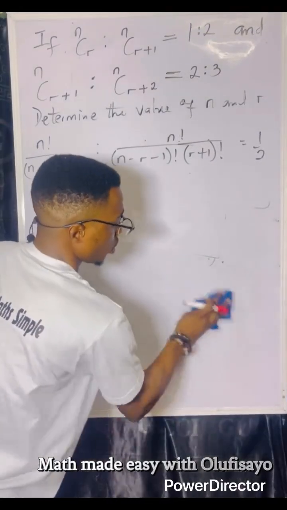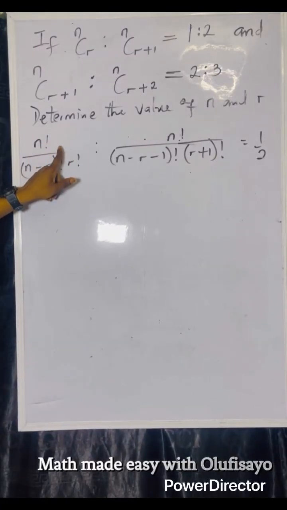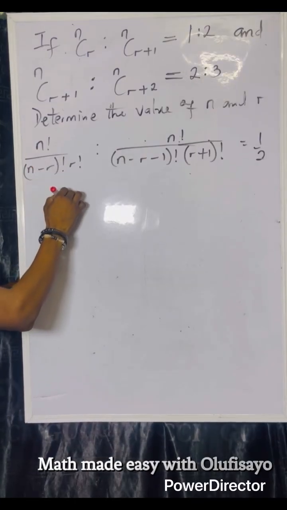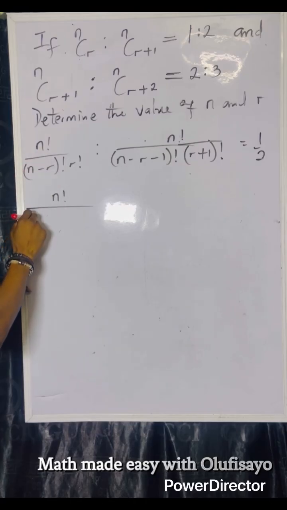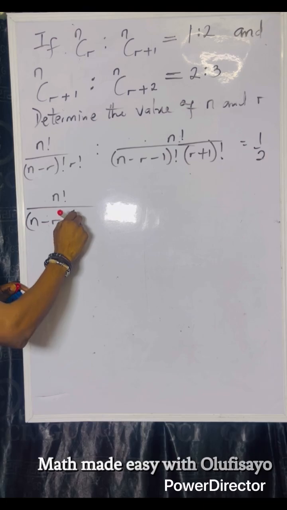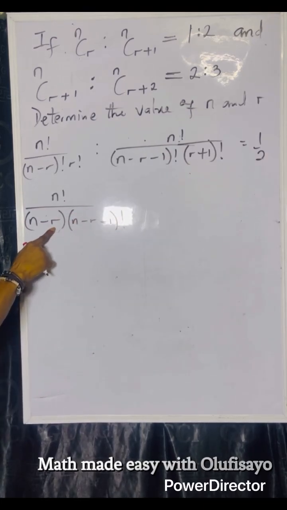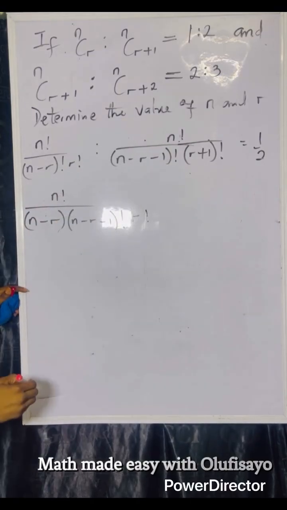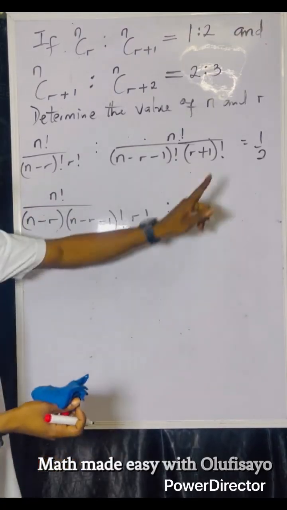Okay, so we have this, I can equally say n factorial over, if I expand this, I will definitely have n minus r minus 1 factorial. I subtracted 1 from this. Then we have r factorial, ratio.